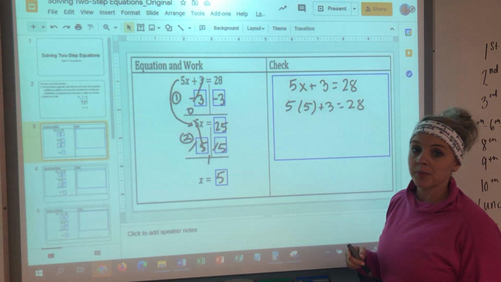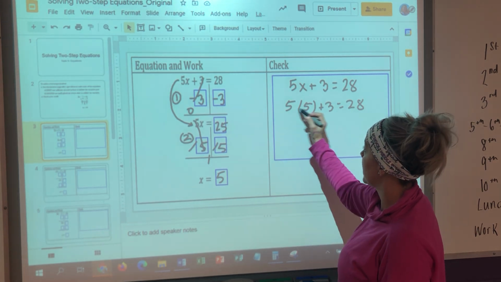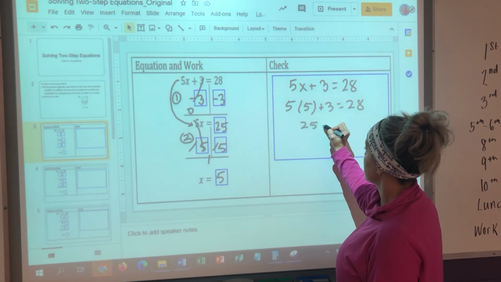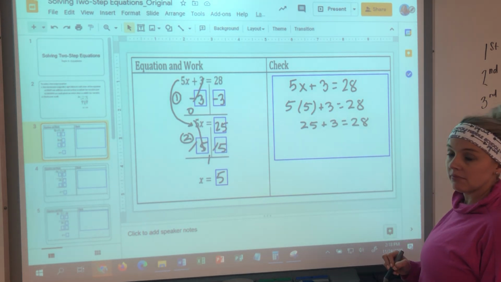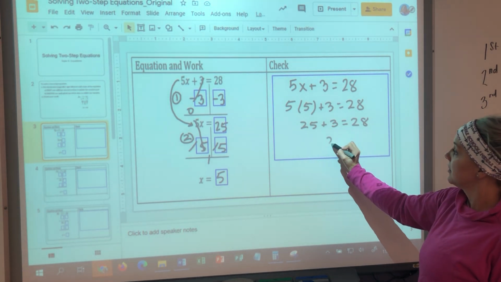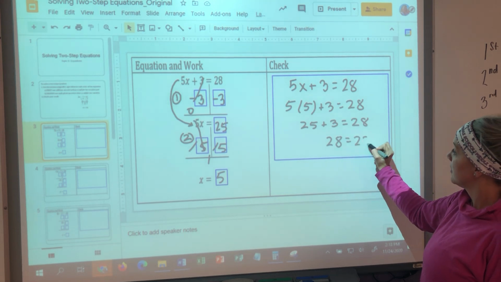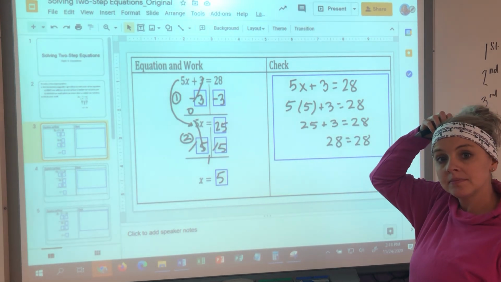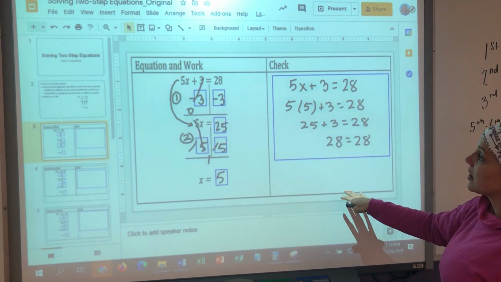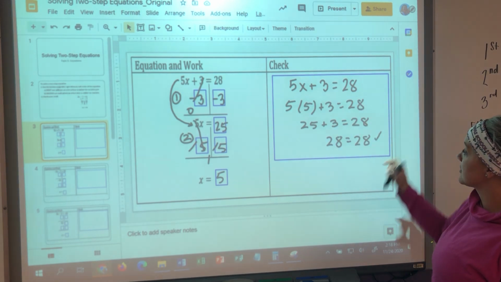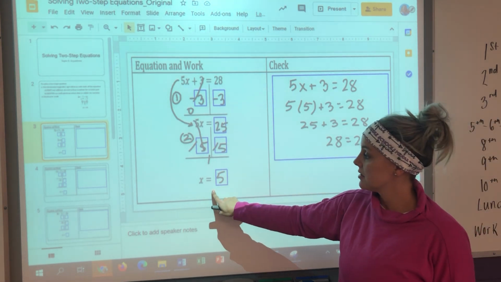Following the order of operations, we have to multiply. 5 times 5 is 25, and then 25 plus 3 is 28. This helps us check our answer to make sure that we were correct.